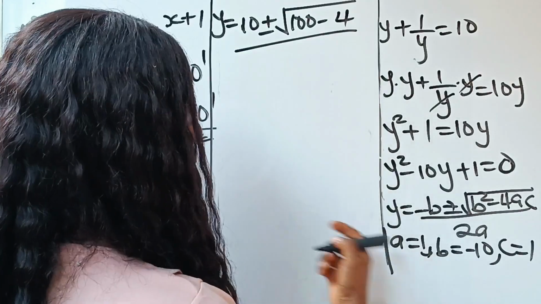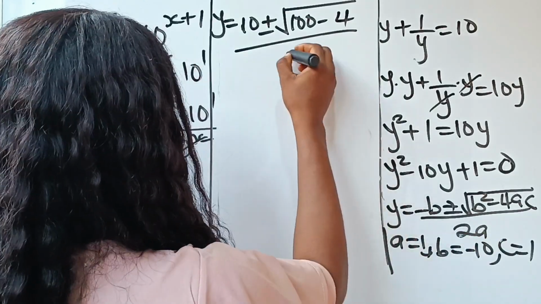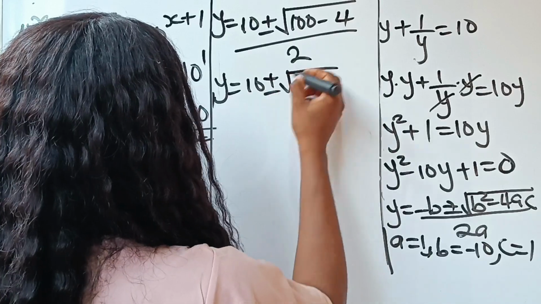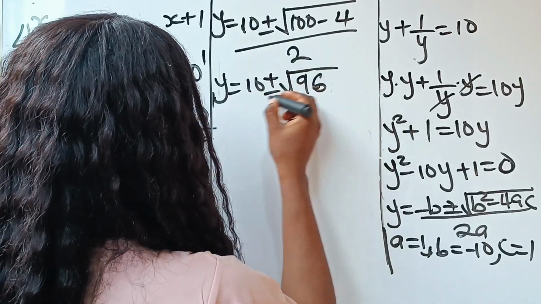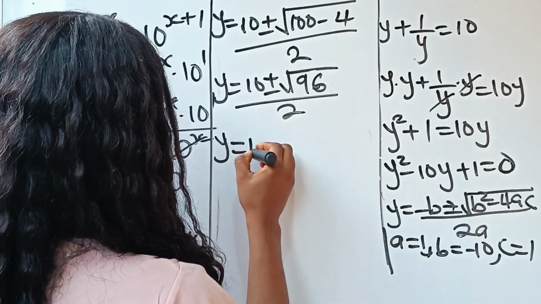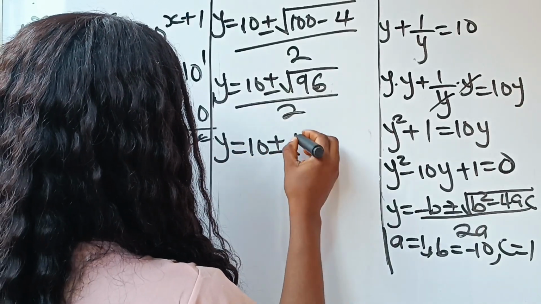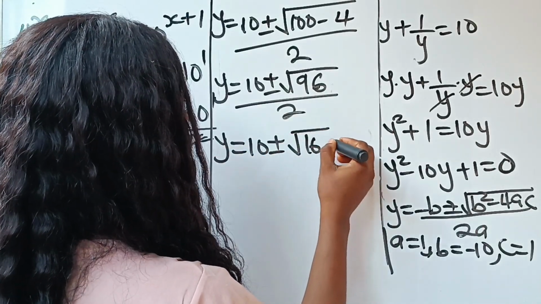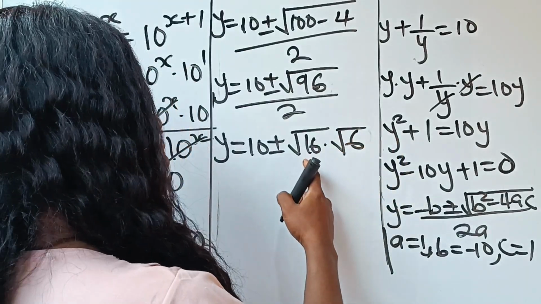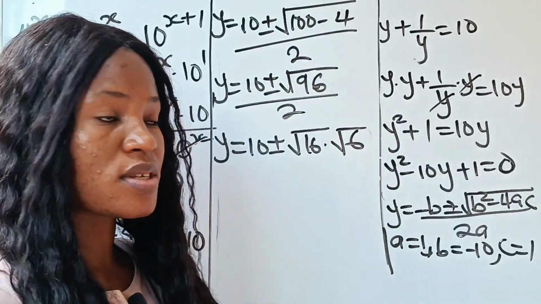Divided by 2a, that is 2 times 1, which is 2. So our y is 10 plus or minus square root of 96 divided by 2. So we have that y is 10 plus or minus square root of 16 multiplied by square root of 6. Yes, because 16 times 6 will give us 96.